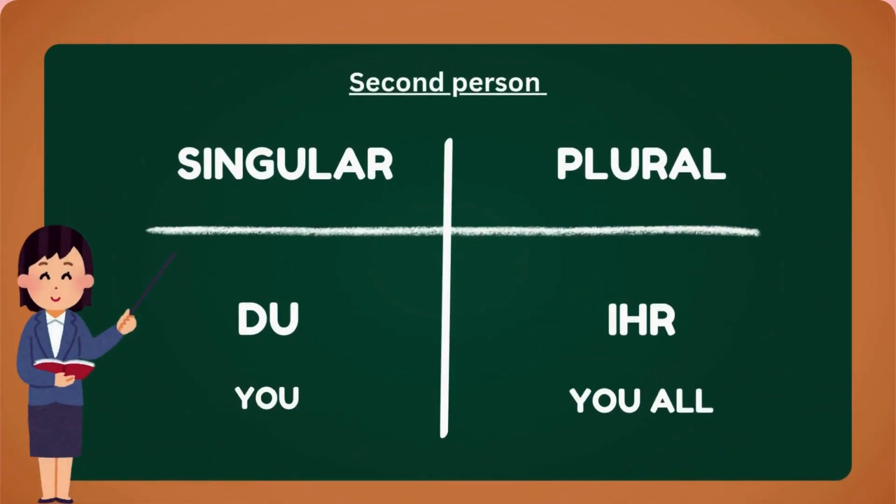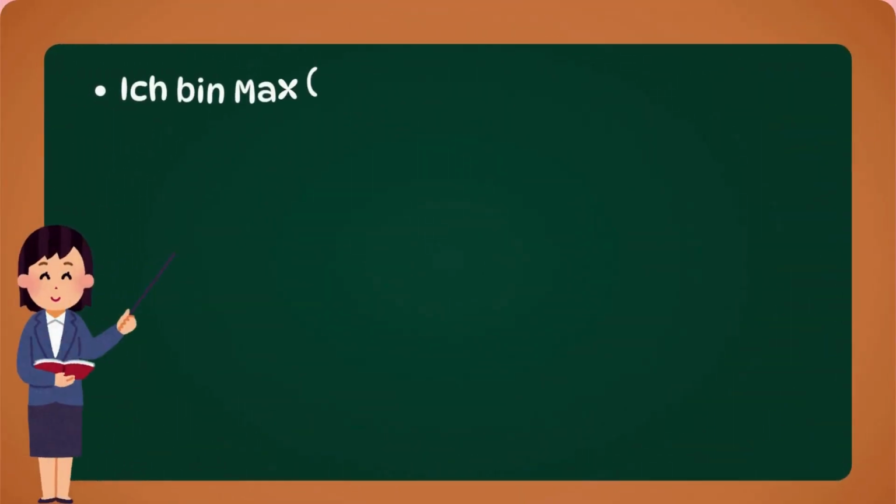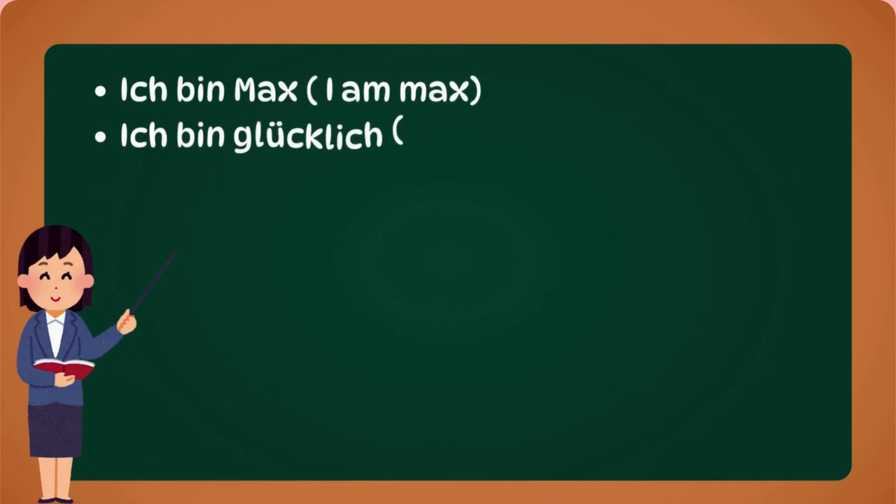In the case of the second person, du is the singular form and ihr is the plural form. And in the case of third person, er, sie and es are the singular form and sie, which means they, is the plural form.